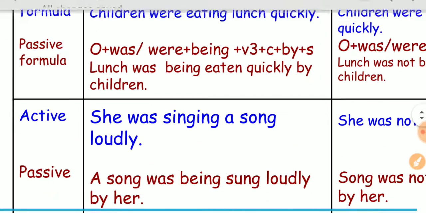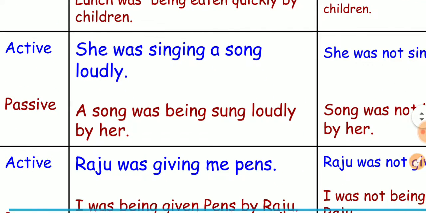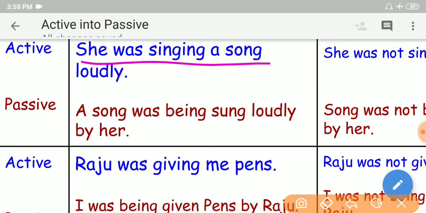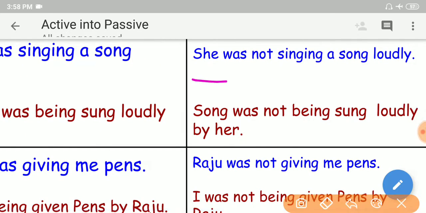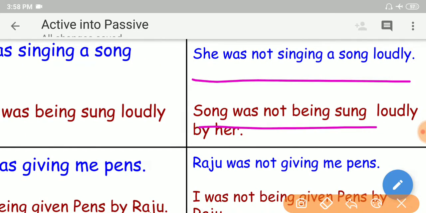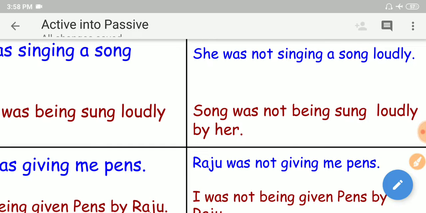Next, let us move on. She was singing a song loudly. A song was being sung loudly by her is the passive sentence. Like this, she was not singing a song loudly. A song was not being sung loudly by her is the passive sentence.